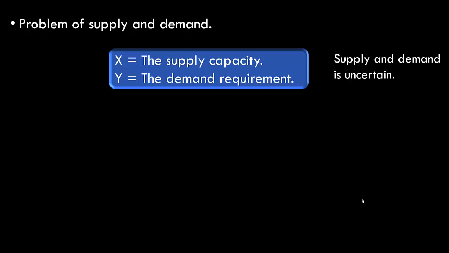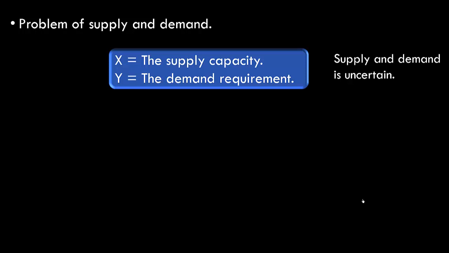Let us say X denotes supply, that is capacity of the system, and Y denotes demand, that is the load coming to the system. In this case both are uncertain, so X and Y both are random variables.